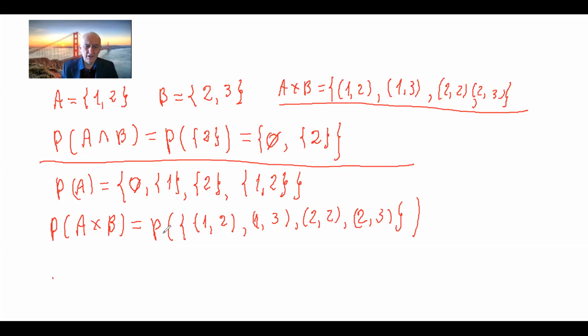Now if we want to write down this power set, we should write down all subsets of this set. But how many subsets do we have? The Cartesian product A times B is a set of 4 elements, and what will be the number of subsets?